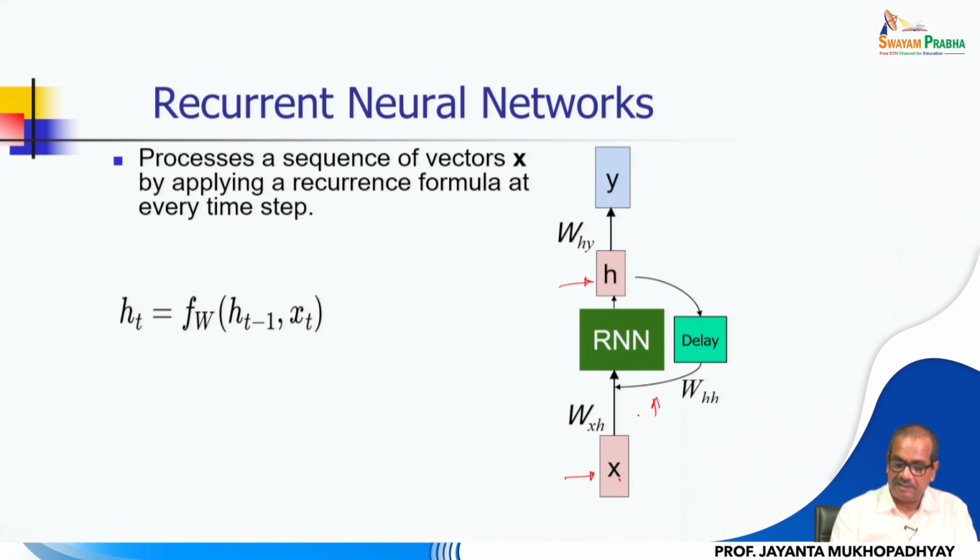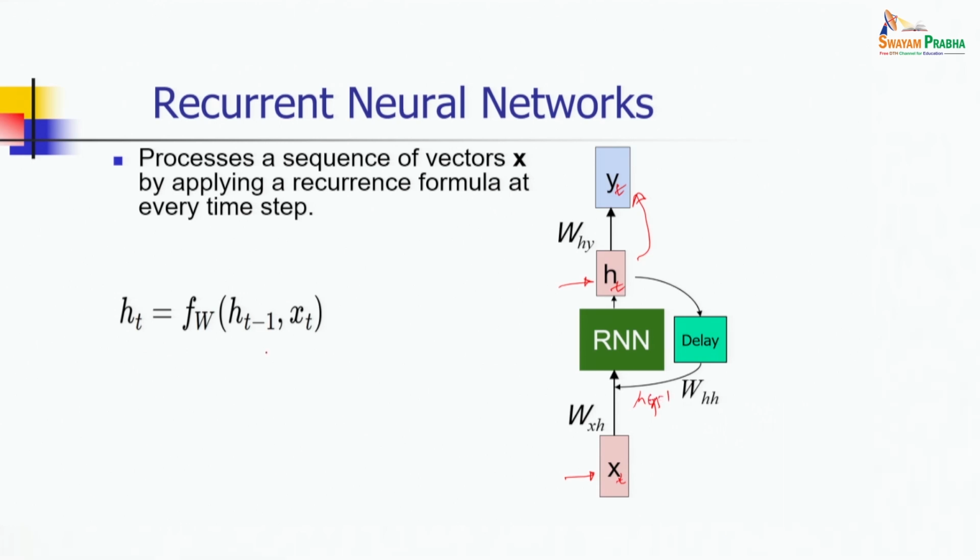Since it is at the t-th instance, it generates the t-th instance intermediate output of the RNN. Finally, this is translated to the final output y, also considered a t-th instance output. But there is a delay, which means this is t minus 1. So it becomes a function of h t minus 1 and x t, and produces h t.